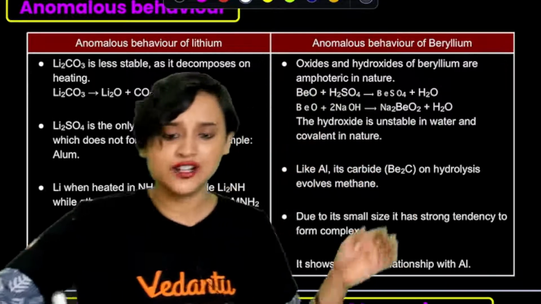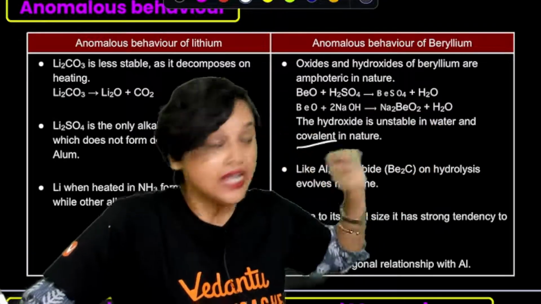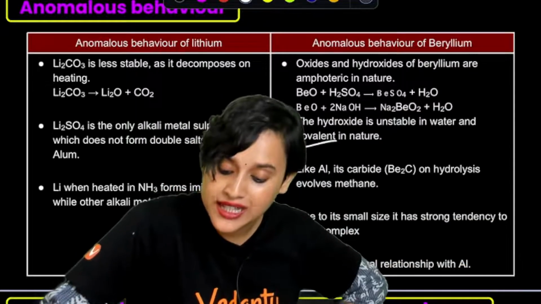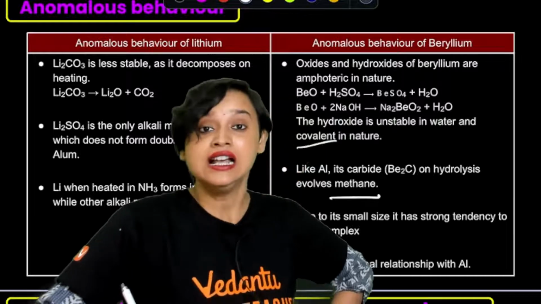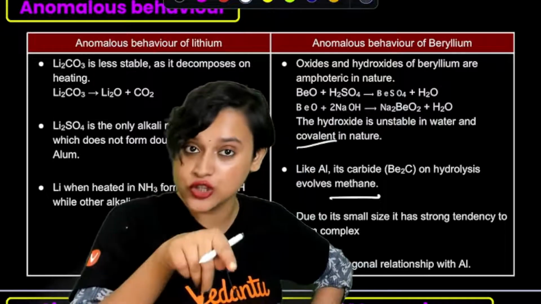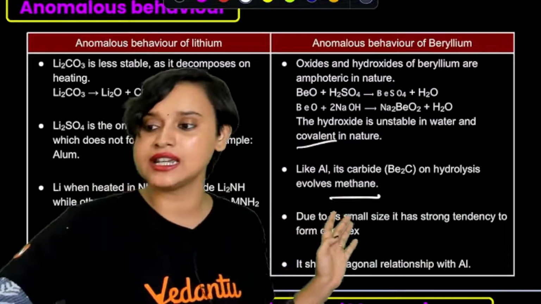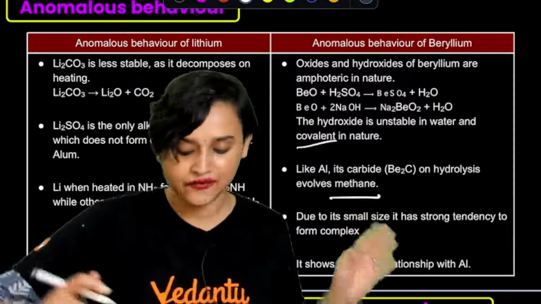Also, this hydroxide is unstable in water and it is covalent in nature. And just like aluminium, beryllium also forms a carbide which on hydrolysis will give you methane. Aluminium carbide also gives you methane and beryllium carbide will also give you methane. Alright everybody, is this clear? Yes, very nice.